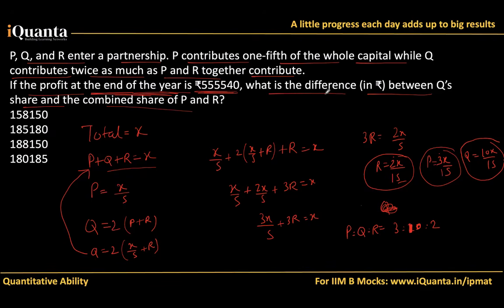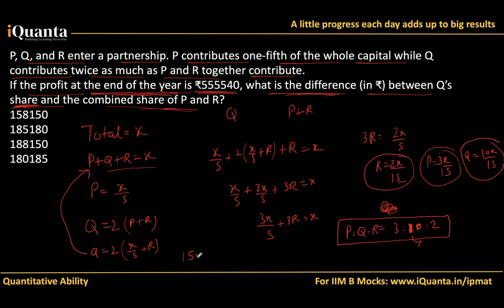So we want the difference between Q's share in the profit and the combined share of P and R. So we'll find out Q, and P plus R together. But see, the total contribution over here is in the ratio 3, 10, 2. So can we say that it is 3x, 10x, 2x, so that we can make it 15x?